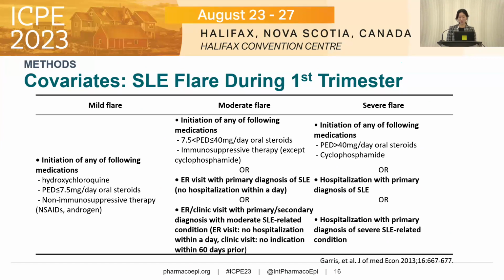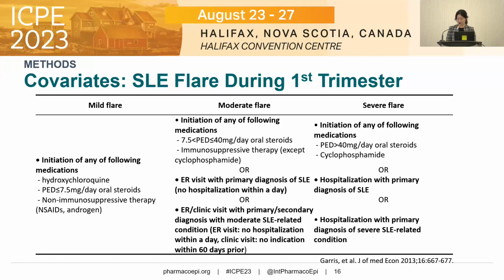So we found one previously published definition of flare in claims databases. We used this operational definition with medication use and healthcare utilization with specific diagnosis. Therefore, most of the severity of lupus was captured and reflected in this variable.